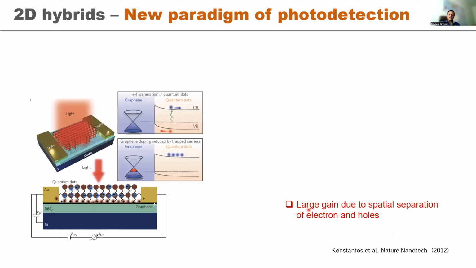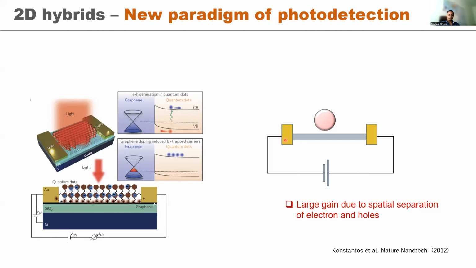So one of the interesting directions that one took after this is the hybrid. As I said, to create a large optoelectronic gain, you would like to keep the electron and hole pair away from each other so that they don't easily recombine. This was originally suggested by a group from Spain, where they put some quantum dots on the graphene channel.